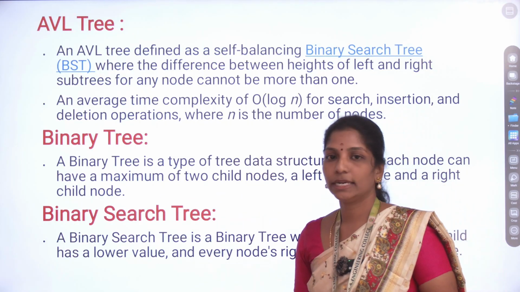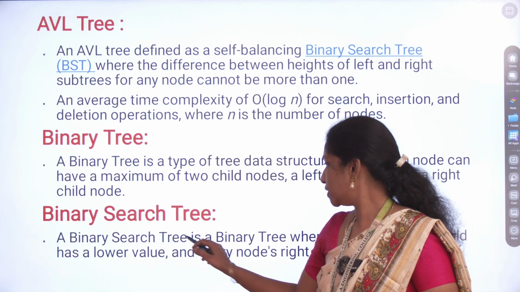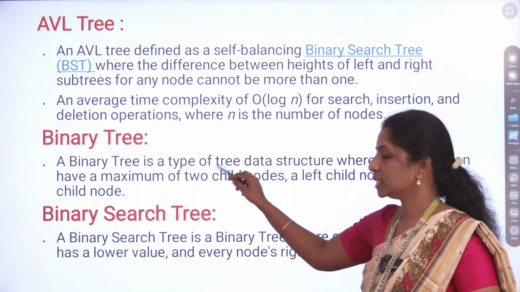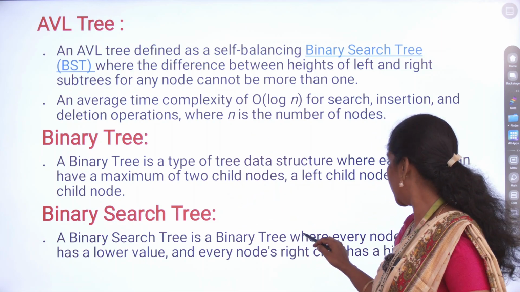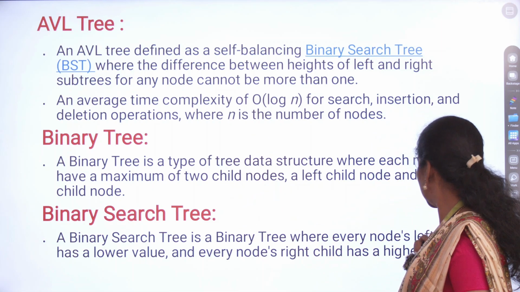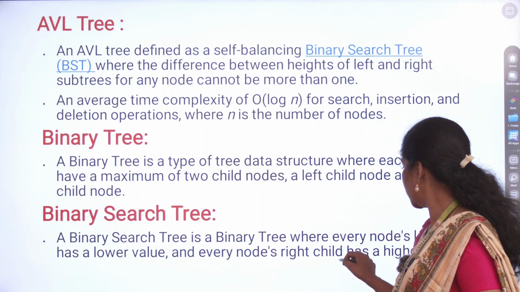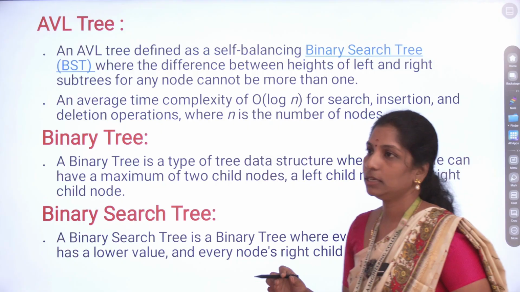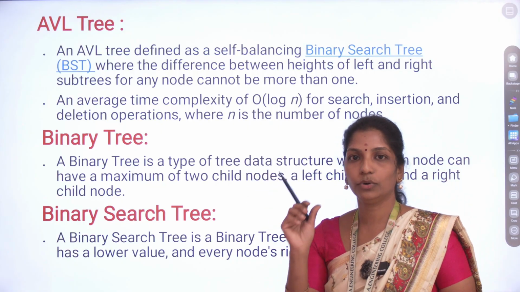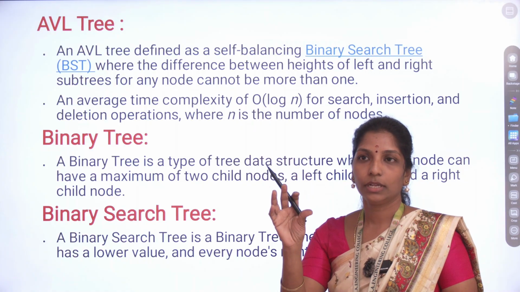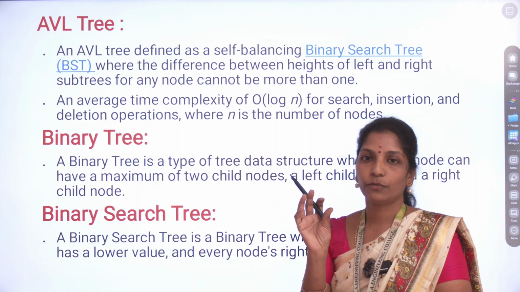Next comes the binary search tree. A binary search tree is a binary tree; first it has to satisfy the binary tree. Every node of the left child has a lower value and every node of the right child has a higher value. Let's consider the root node of a binary tree.